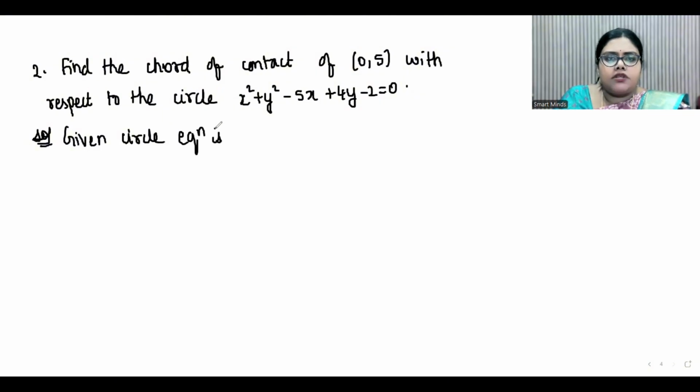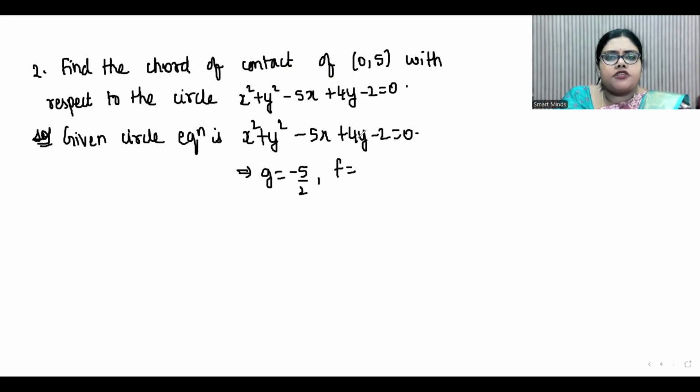Given circle equation is x square plus y square minus 5x plus 4y minus 2 is 0. From the circle equation, we will find g, f, c. So that implies g is half of the coefficient of x, that is minus 5 by 2. f is half of the coefficient of y, that is 2. And c is minus 2.